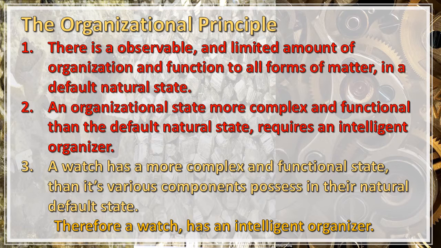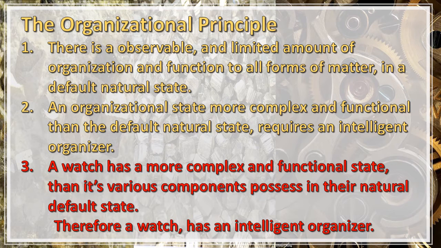So 1 and 2 lead us to our application of their principles to step 3. A watch has a more complex and functional state than its components would have in their natural default state, and that leads us to the conclusion that a watch must have an intelligent organizer.